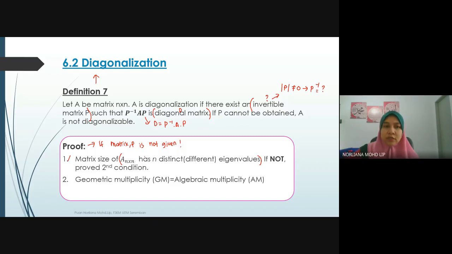If the first condition is satisfied, then A is diagonalizable. This means if it satisfies the first condition, it is automatically diagonalizable.